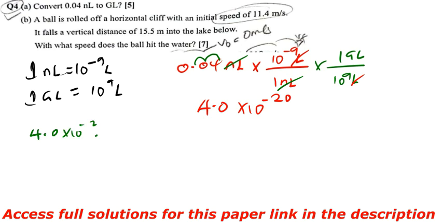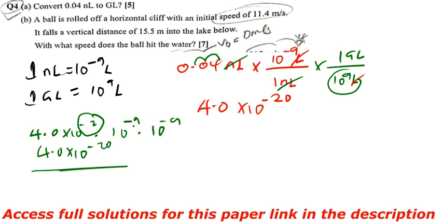So again you are doing times 10 to the power negative 9. Then if I shift this one, it's basically the same as 10 to the power negative 9. So it's like 10 to the power negative 9 and 10 to the power negative 9 to give you 10 to the power negative 18, times this. Okay, so it will give you 4.0 times 10 raised to the power negative 20. So now that one, it is in gigaliter. Okay, so that is it for the first one.